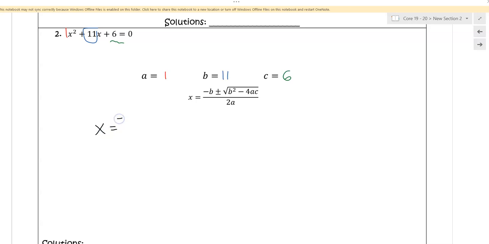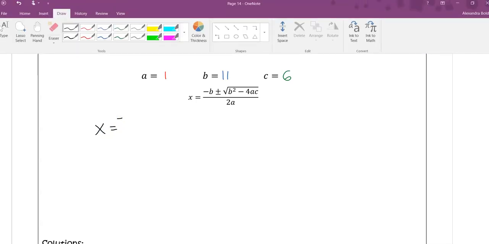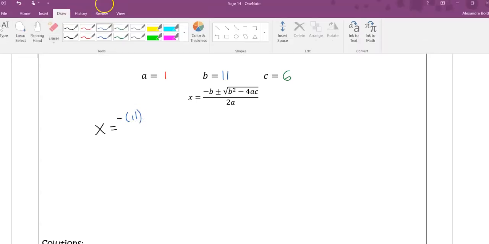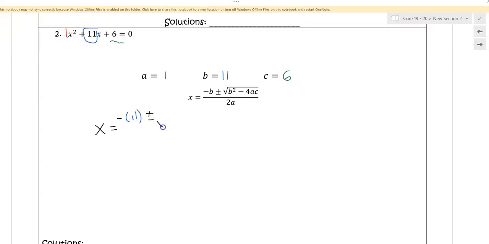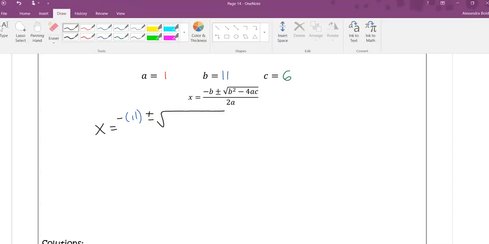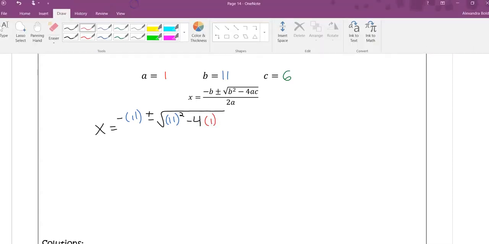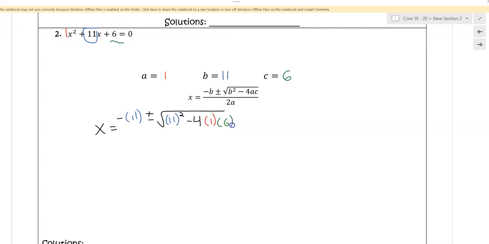So x equals the opposite of our b, and our b is 11, plus or minus the square root of 11 squared minus 4 times 1 times c, which is 6, all over 2 times a, and a is 1.